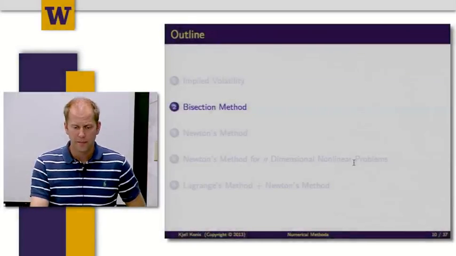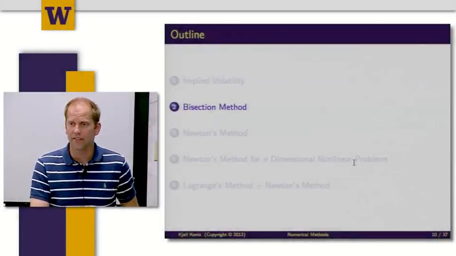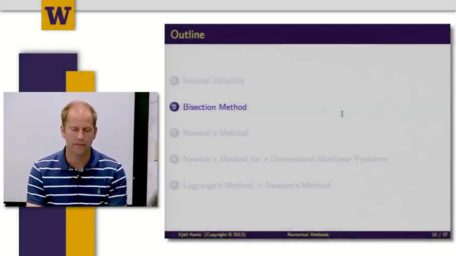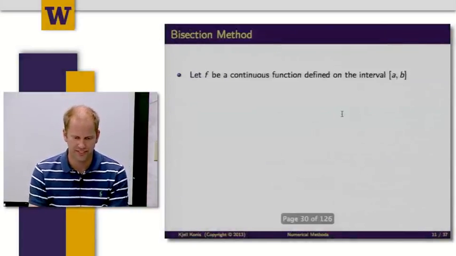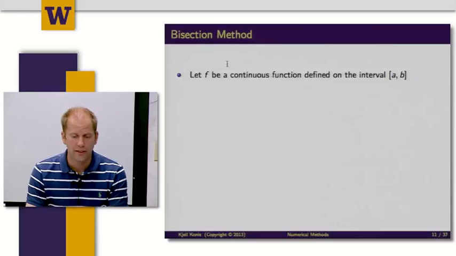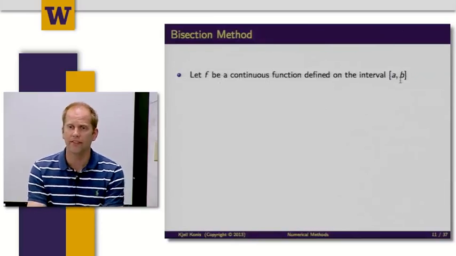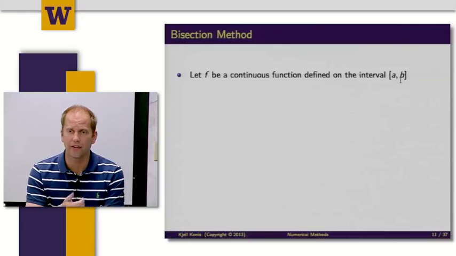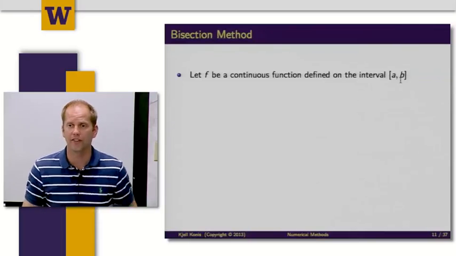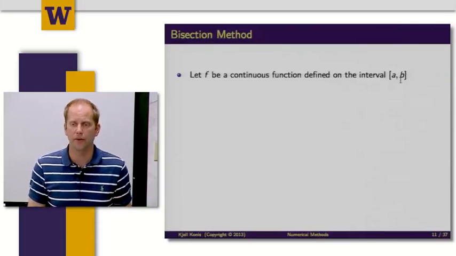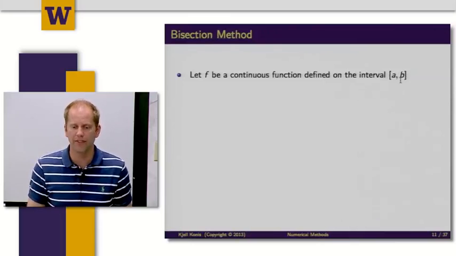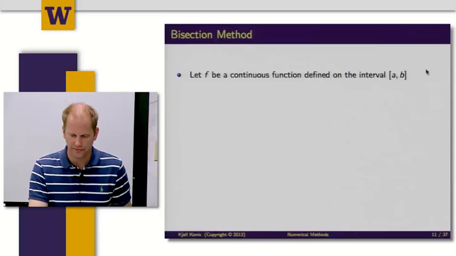The first method I'm going to look at for solving this sort of problem is called the bisection method. So I want to consider f, a continuous function defined on the interval [a, b]. This is exactly what I had in the graph I was looking at before: I had chosen this sequence of values from 0.05 to 0.5, and the function was definitely continuous on that interval.